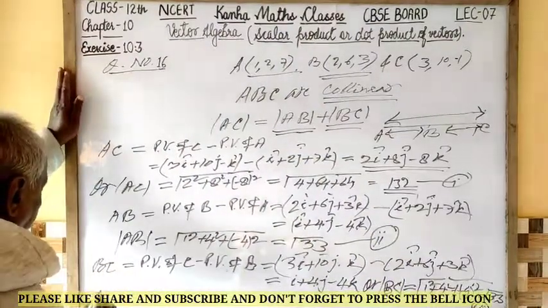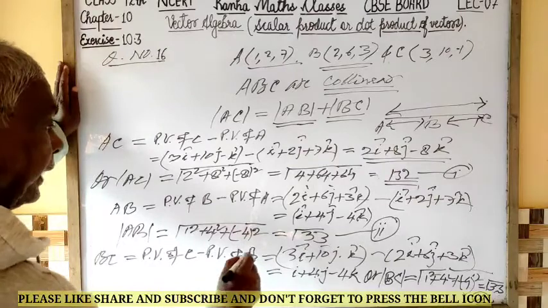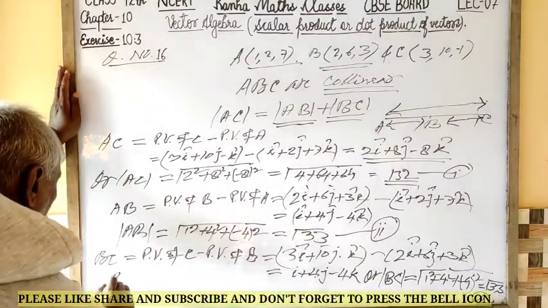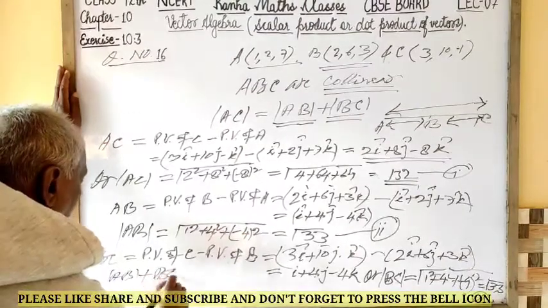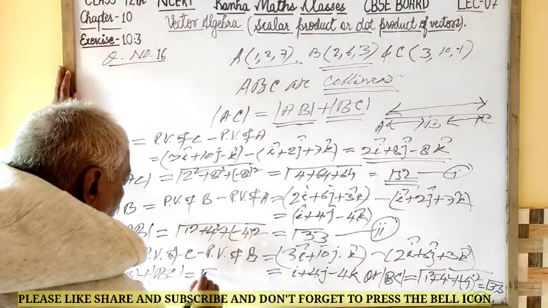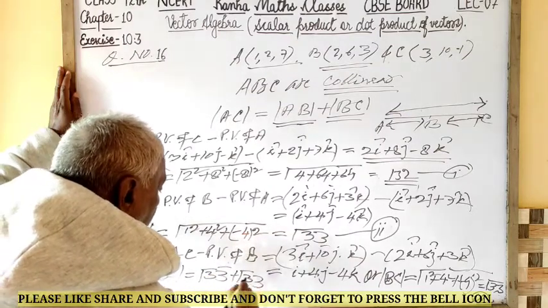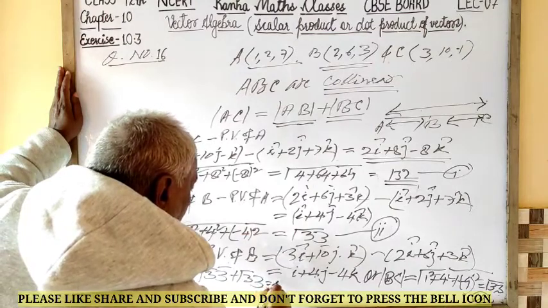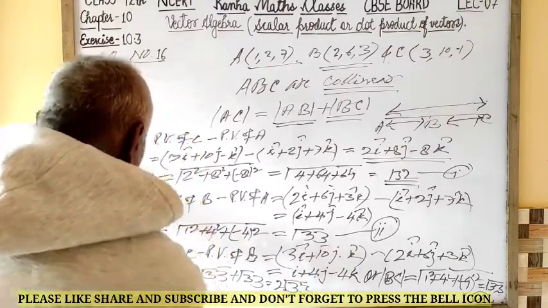Hence mod of vector AB plus mod of vector BC is equal to root 33 plus root 33, is equal to 2 root 33.